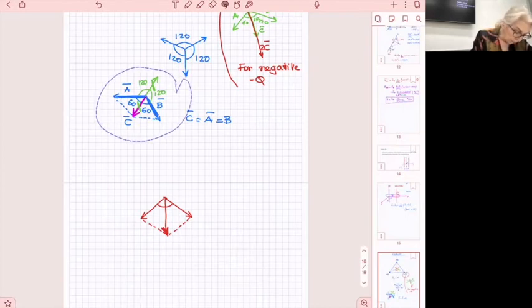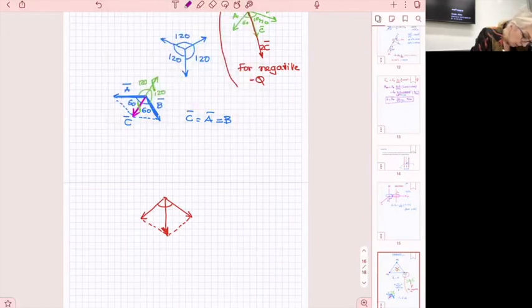So the sum of two vectors that are equal and at 120 degrees is a vector equal to these two and directly in the middle, at 60. So each one of these is 60.